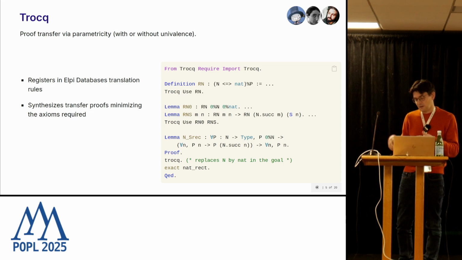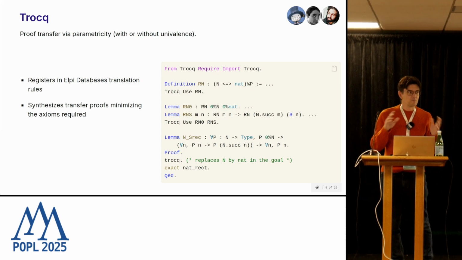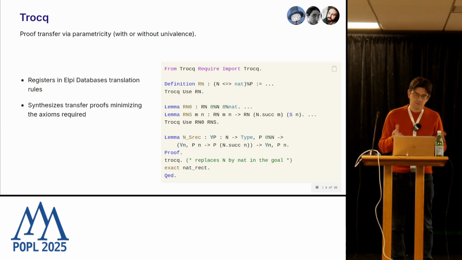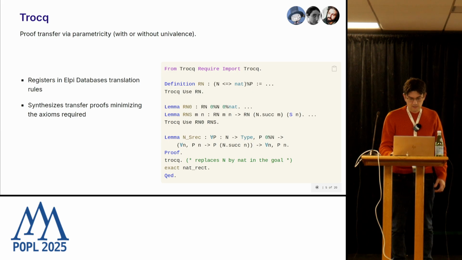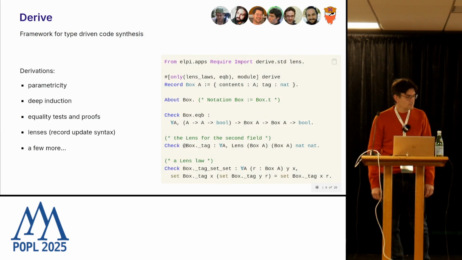And then at the very end, it looks at the constraints and it checks which are the axioms that one needs in order for the univalent parametricity translation to work. Most of the times you don't need univalence, for example. Okay, so even if the translation works beautifully everywhere if you have univalence, you don't really need it all the times. And this is what Trocq does.